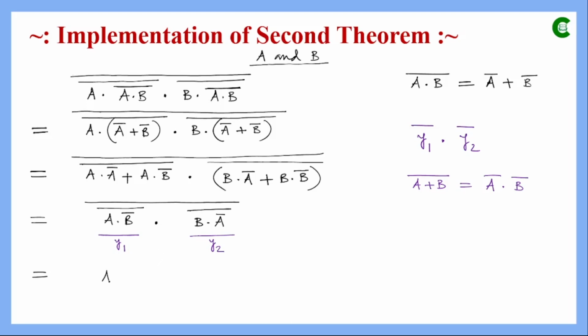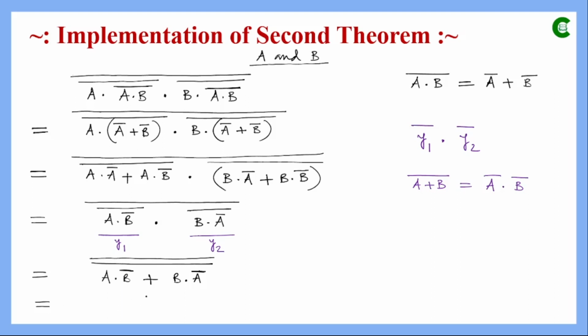So it will be written as a AND b bar, which itself is our one variable, plus b AND a bar, which is our second Boolean variable. So it satisfies the first theorem that we have already learned, and then on that we already have the whole complement, so we write this bar again.